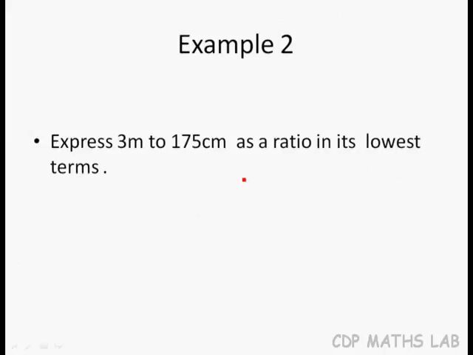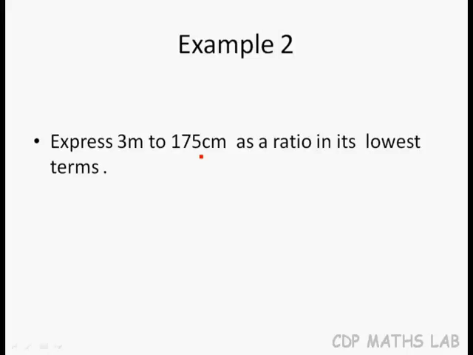Now we're at example number 2. Express 3 meters to 175 centimeters as a ratio in its lowest terms. What you could simply do is draw a ruler or anything to represent 3 meters, and draw something to represent 175 centimeters.